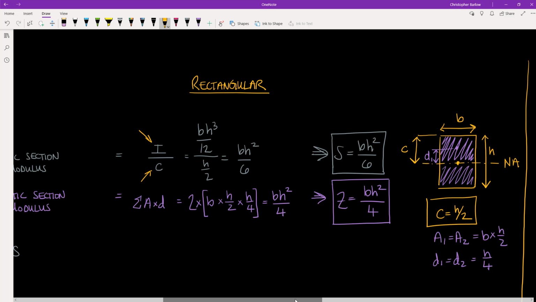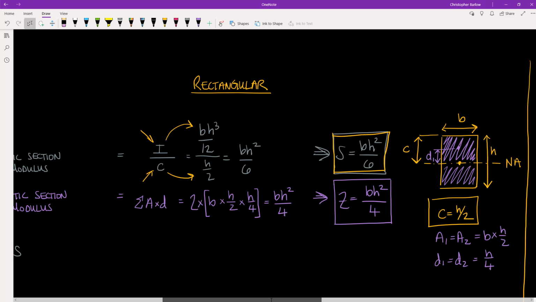And so if we solve this formula by plugging in our equation for moment of inertia, which we know is equal to the width times the height cubed over 12, and our c is equal to h over 2, we get that the elastic section modulus is equal to b h squared over 6.